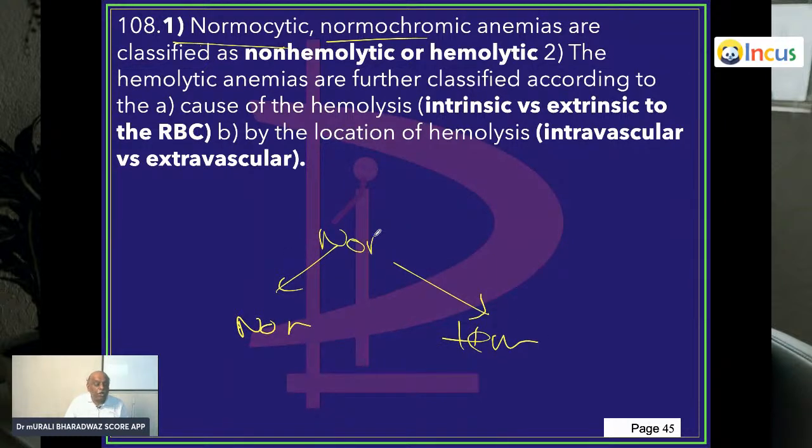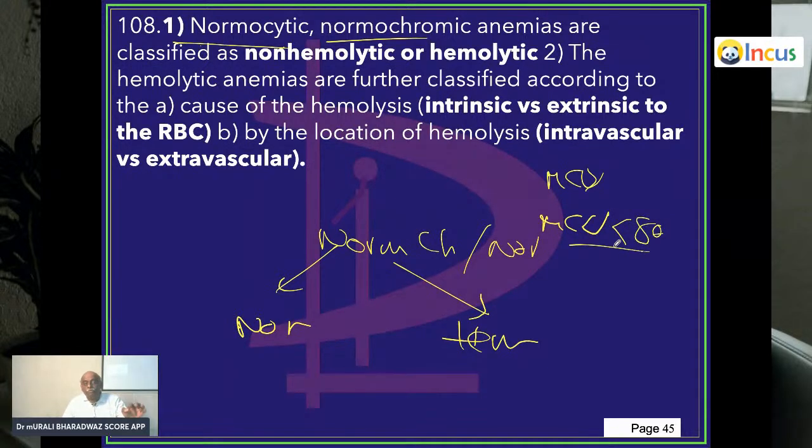When do you call macrocytic? MCV more than 100. MCV less than 100, how much is microcytic? Less than 80. Very good. So normochromic, normocytic are divided into non-hemolytic and hemolytic.